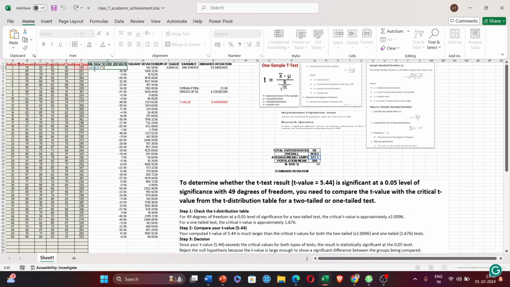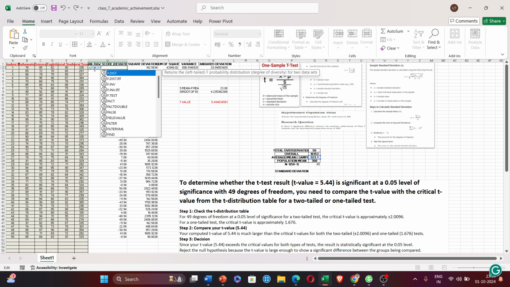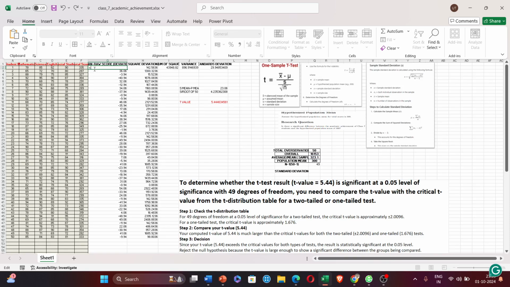First, I have to write my raw score. Raw score minus average. So I will click it. Here I have to log it. So manually you can do it.